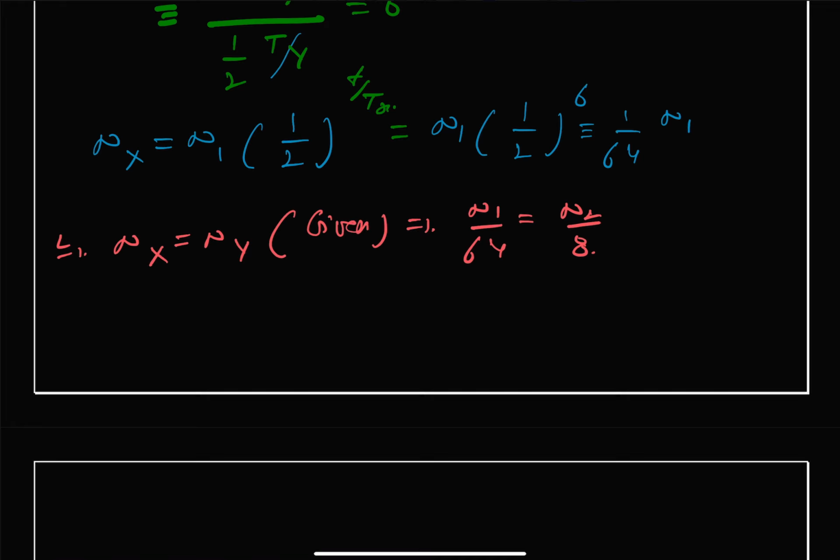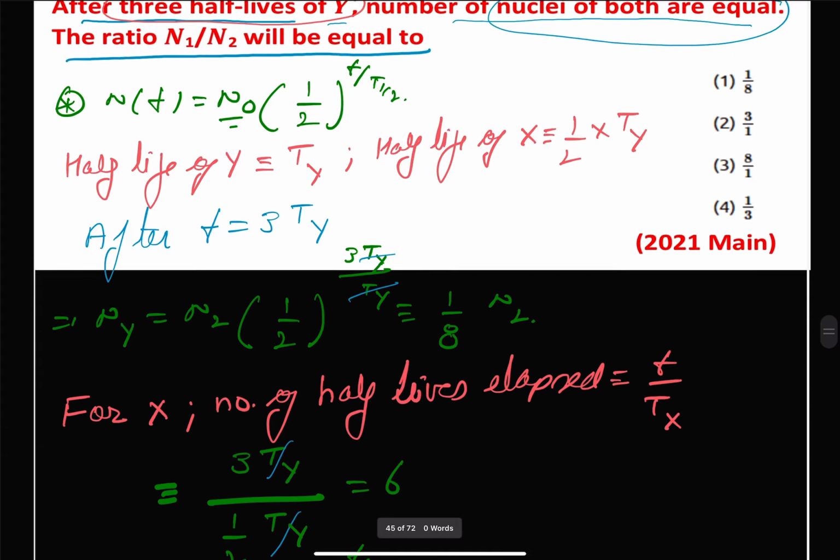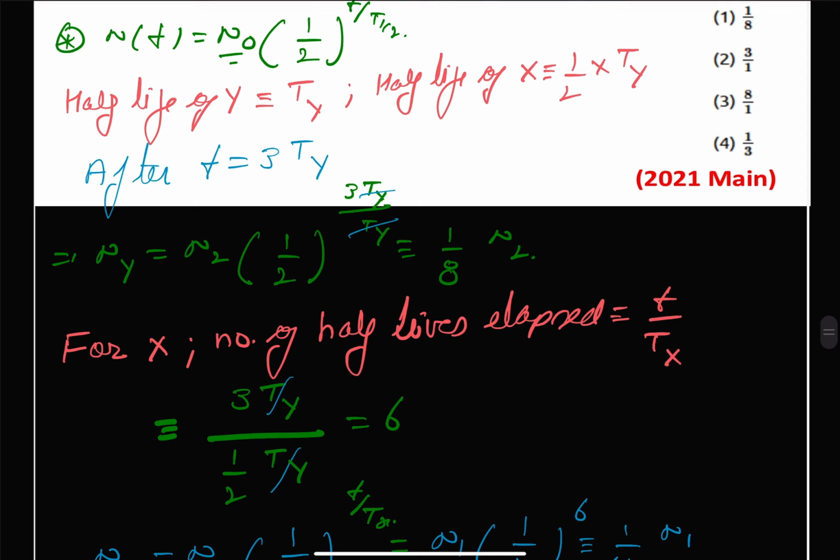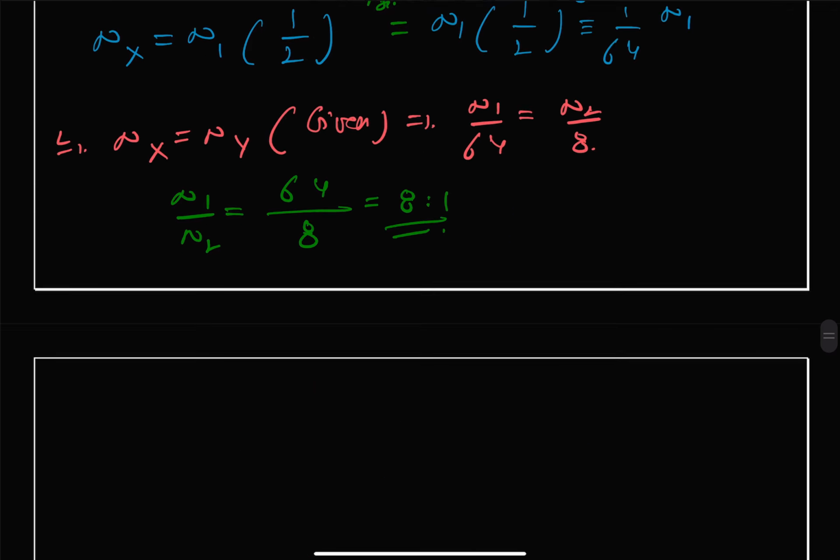Therefore, we have the ratio N1/N2 equal to 64/8, which gives us 8:1, or 8/1. Option 3 is correct.